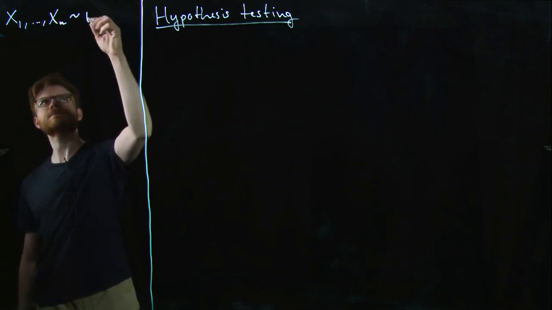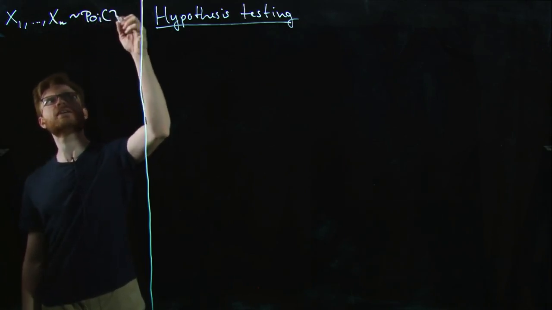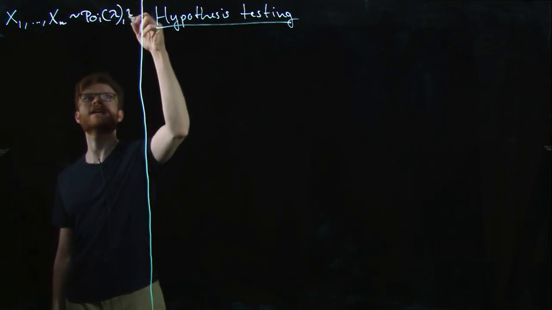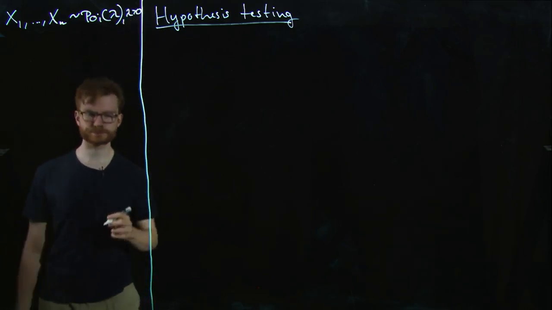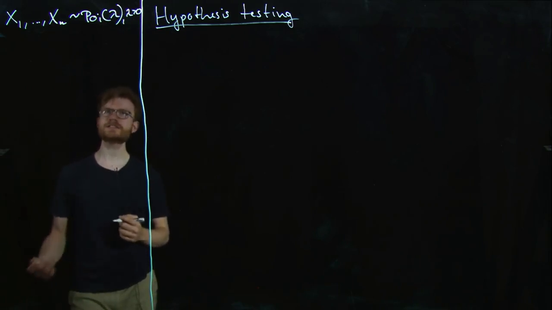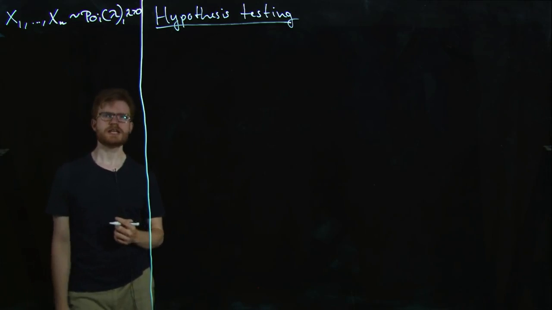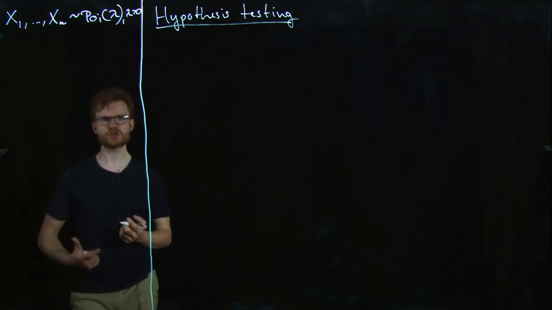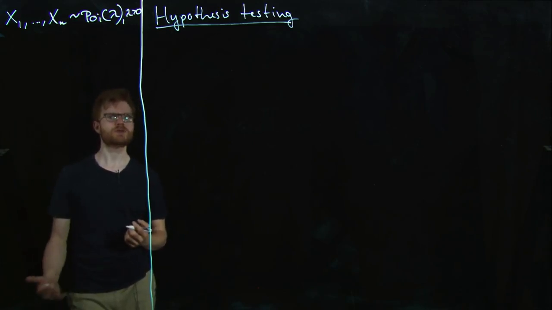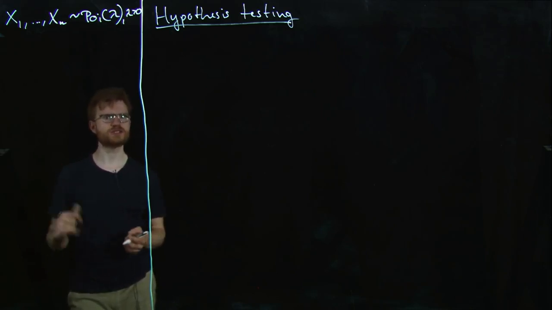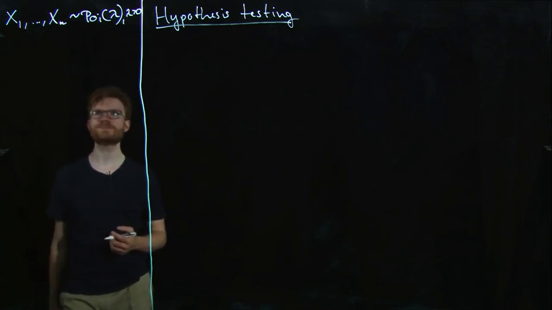And let's say that you think those numbers follow a Poisson distribution with parameter lambda, where lambda is larger than 0. Now, this is clearly some assumption we're putting on the number of customers, but Poisson distribution is usually a good choice for things like how many customers do I see in a specific time period.